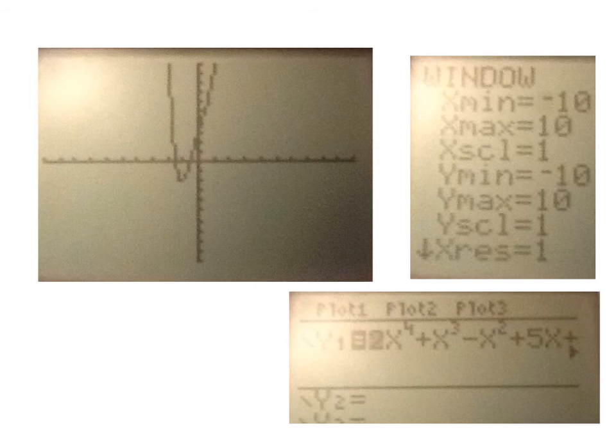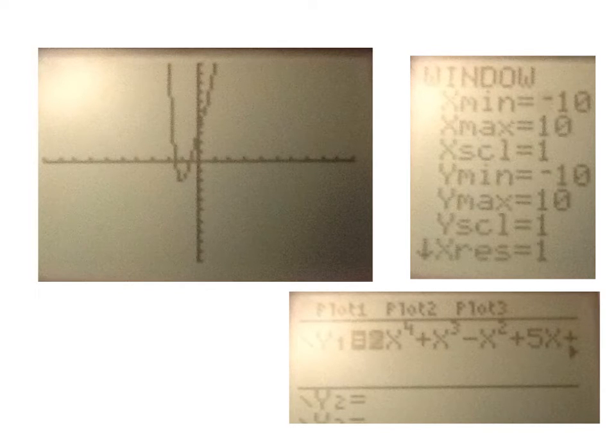Cool. So you see here, this is what it looks like. So as x is going towards infinity, my f of x is also going towards infinity. As x is going towards negative infinity, my f of x is going towards positive infinity.